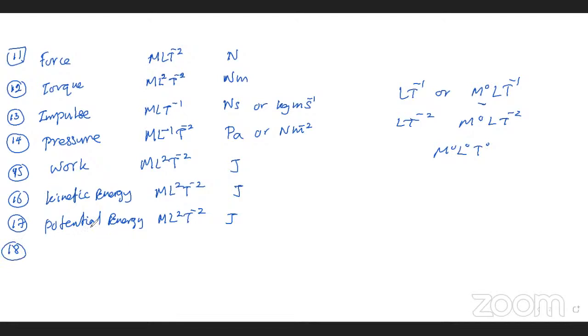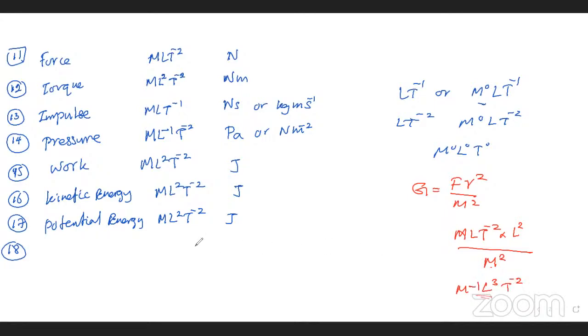The gravitational constant, the capital G. Its equation is given; I'm going to discuss this down. The gravitational constant G equals F r squared divided by m squared. The dimension formula of force F is MLT minus 2. The dimension of the distance is L squared, and the mass is M, squared. So one M cancels, and it becomes M minus 1. And L squared, so it becomes L cubed. And then T minus 2.